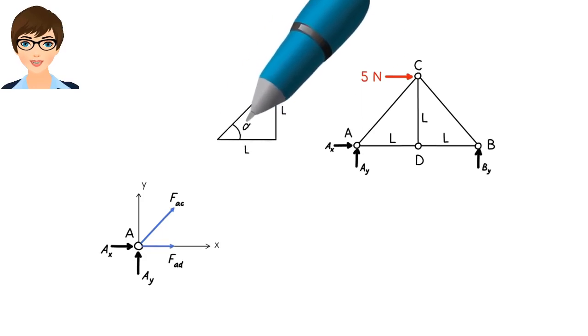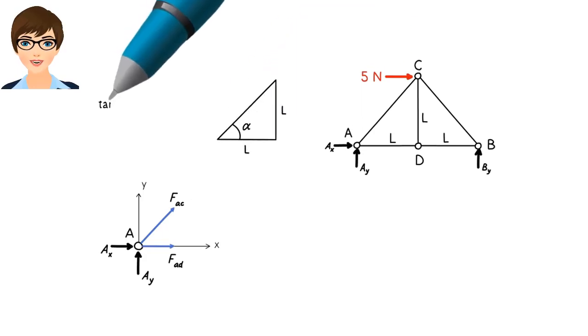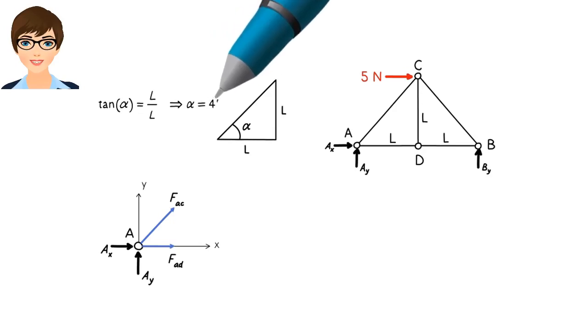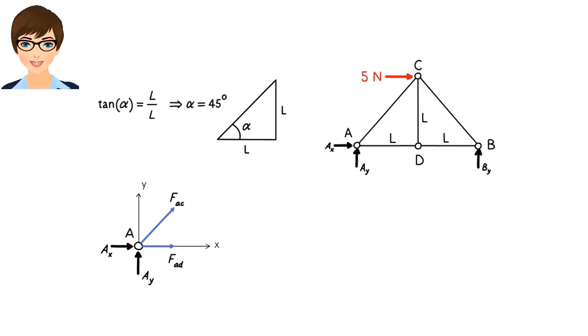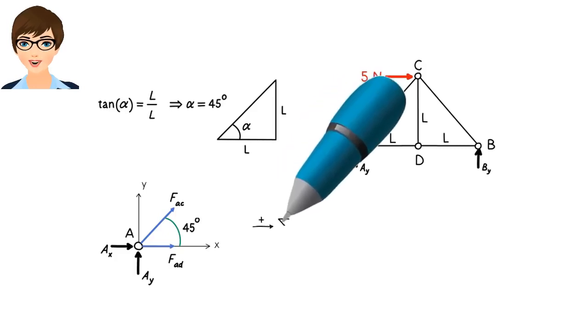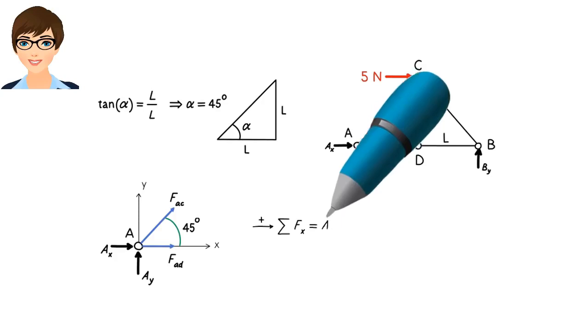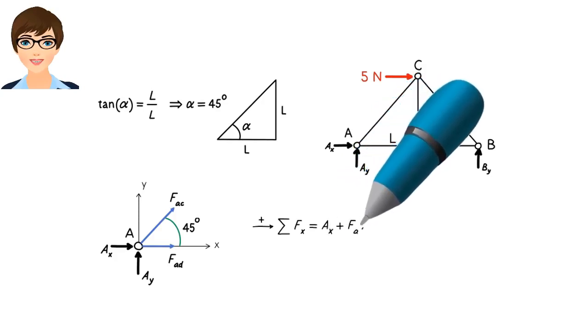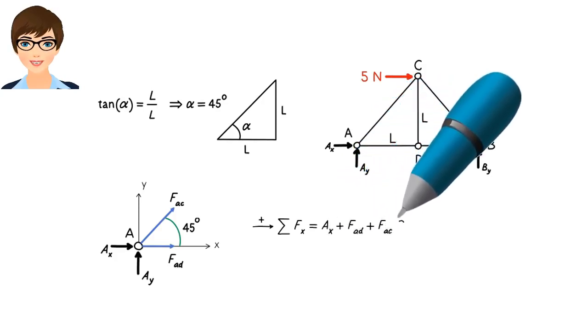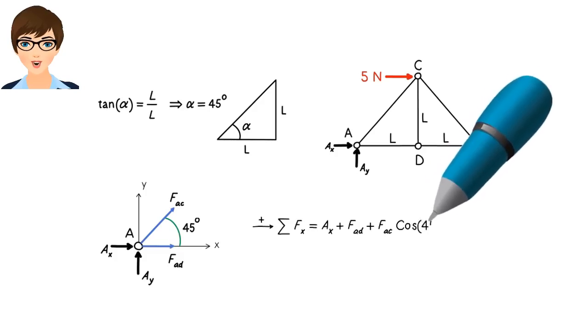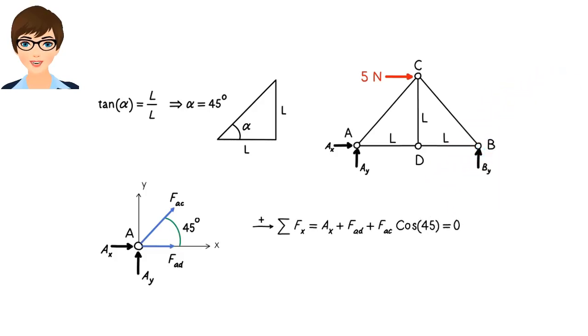Using the geometry of the truss, we can calculate angle alpha. It is 45 degrees. Now we can write sum of the forces in the x direction equals AX plus FAD plus FAC cosine 45 equals 0.